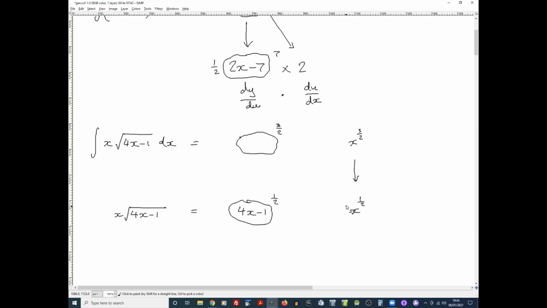What can you multiply by 3 halves? Oh, 2/3. 2/3, exactly. I just wasn't thinking the right way about the fraction.